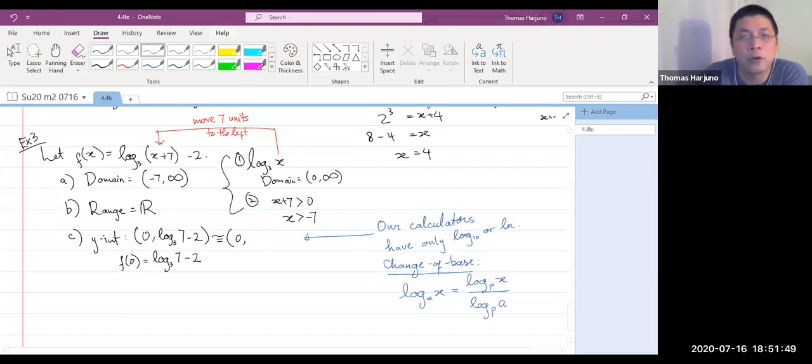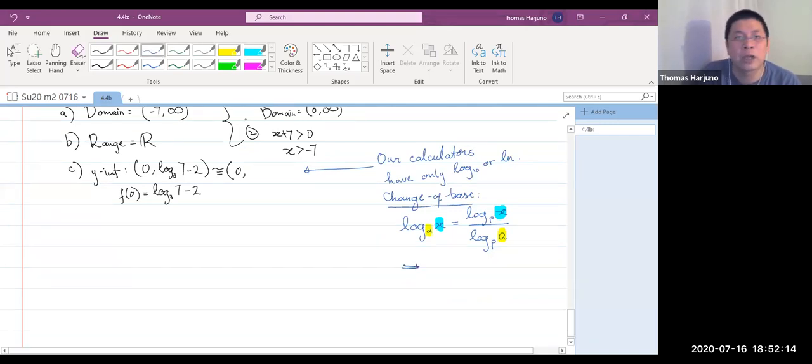So you have x on top and the base a at the bottom, each written as a log base p.